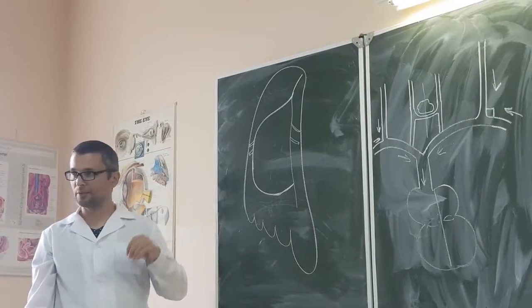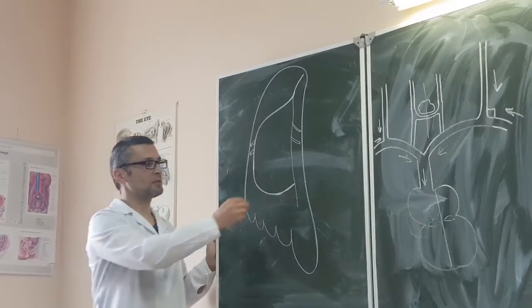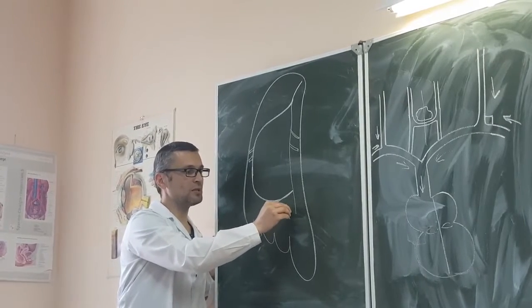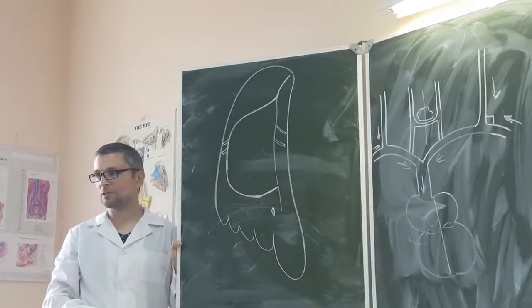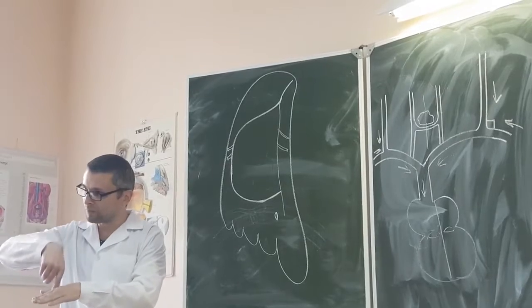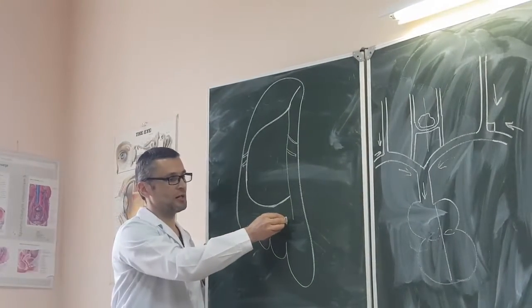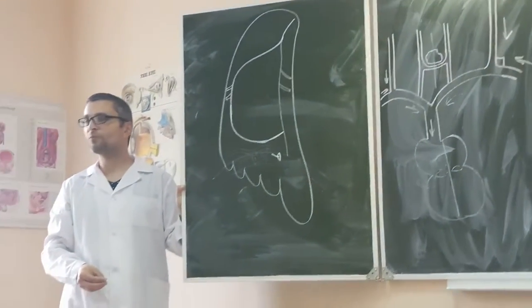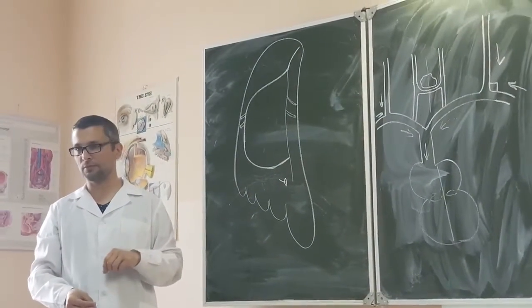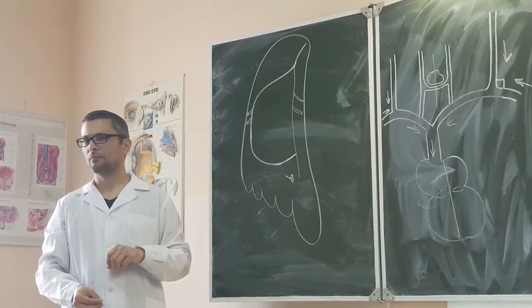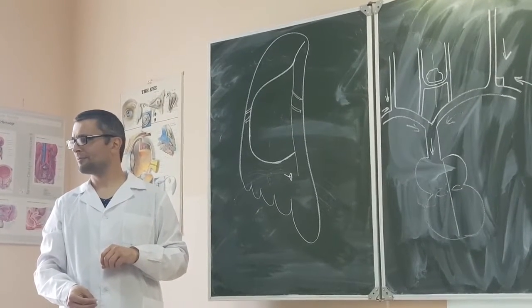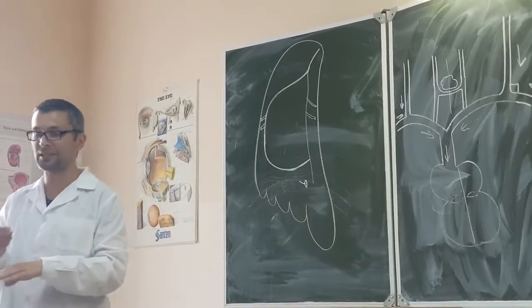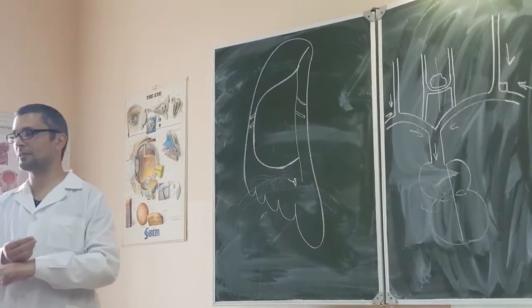Sometimes, in another variant, this artery can anastomose with another artery which pierces the first intertarsal space and goes from the dorsal side to the plantar. How is this artery called? Arteria plantaris profunda. Which artery does it start from? Arteria tibialis anterior, arteria dorsalis pedis. The basic artery on the dorsal side of the foot is dorsalis pedis.